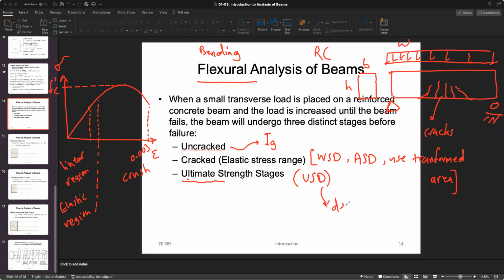All right. So let's look at the different stress and strain diagrams on the cross section as we go through these three stages: uncracked, cracked, and ultimate strength stage.